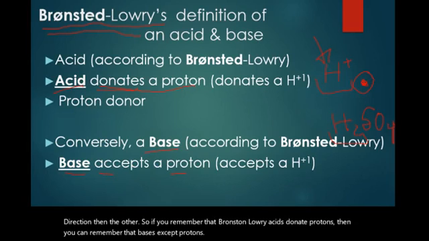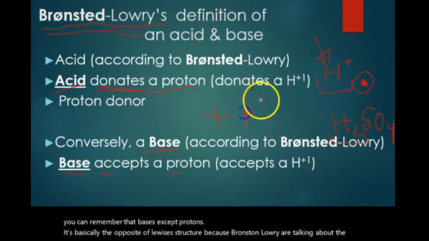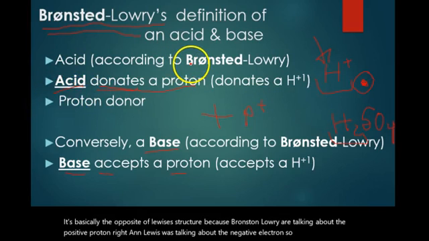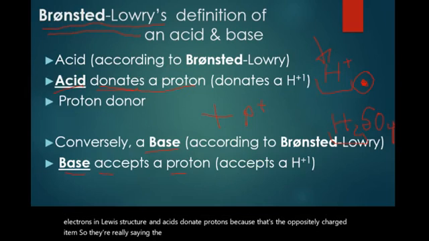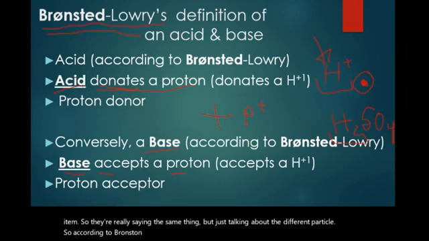It's basically the opposite of Lewis's structure, because Bronsted and Lowry are talking about the positive proton, and Lewis was talking about the negative electron. So acids accept electrons in Lewis's definition, and acids donate protons because that's the oppositely charged item. They're really saying the same thing, just talking about a different particle. So according to Bronsted-Lowry, proton donors are acids, proton acceptors are bases.